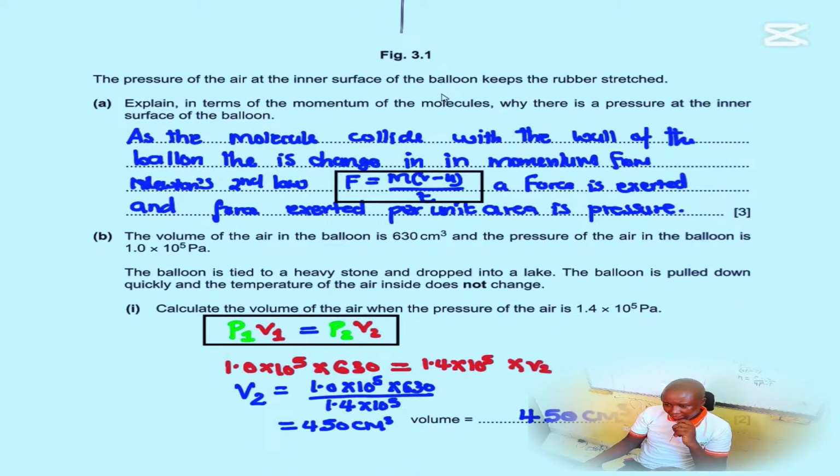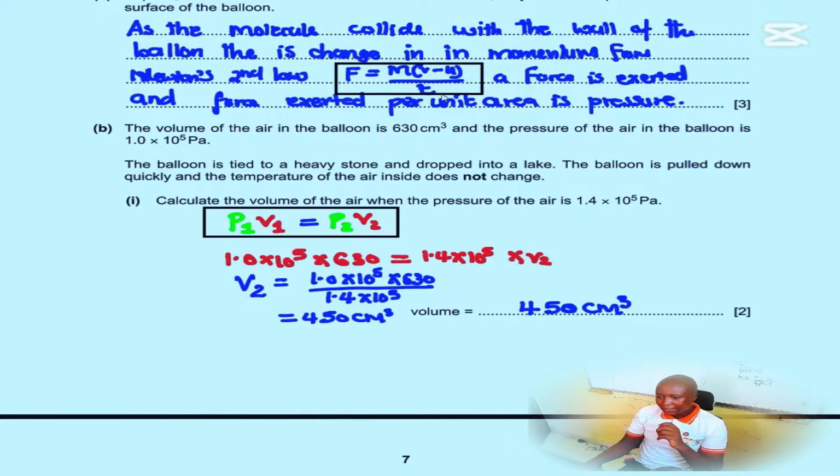We are also told that the volume of air in the balloon is 630 and the pressure of the air is 1.0 times 10 to the power 5 pascals. The balloon is tied to a heavy stone and dropped into a lake, pulled down to the floor, where the pressure is 1.4 times 10 to the power 5 pascals.